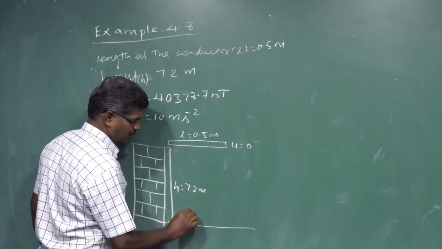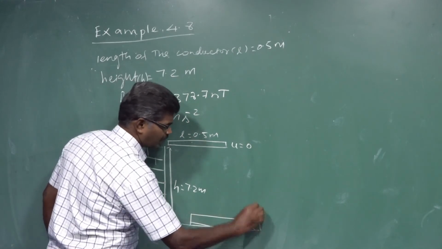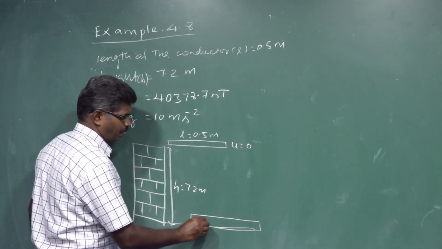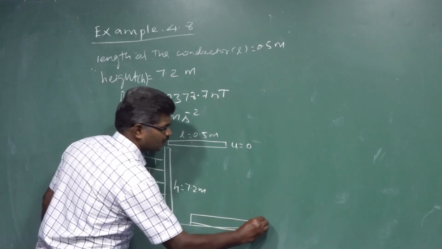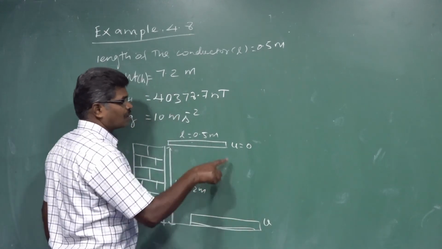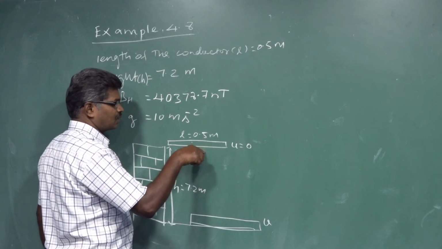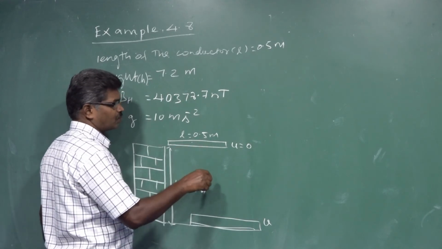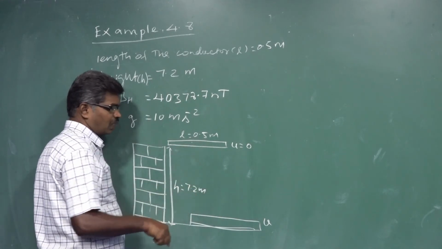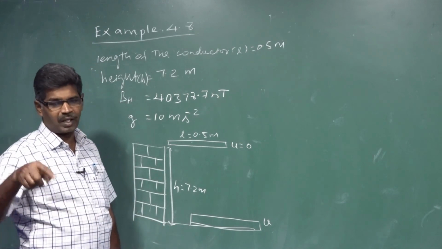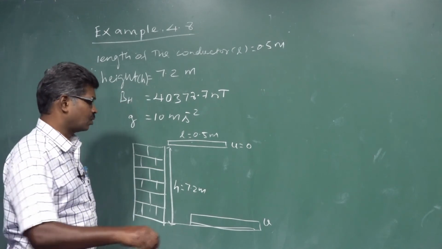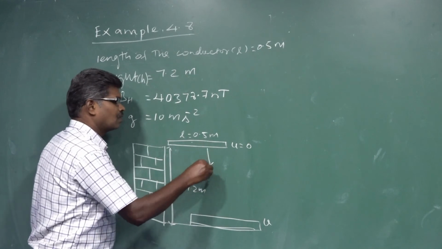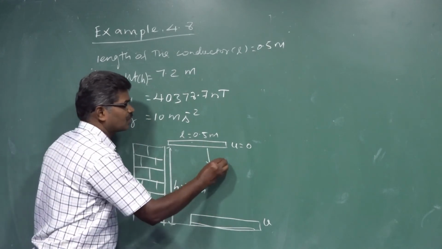At the time of reaching the ground, it will reach with a certain final velocity v, and that rod is moved in a gravitational field. So this rod is going to accelerate by gravity, and this acceleration can be taken as g.